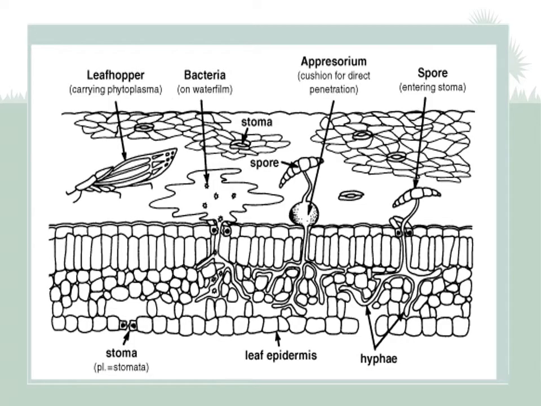From this diagram, we see on the far right-hand side a spore of a fungus. Next to that, an appressorium, which is a cushion for the fungal spore, for direct penetration. To the left of that, we see bacteria on a water film, which was carried over by a leafhopper. And we see the bacteria and the spores slowly infiltrating through the cell walls of the leaf tissue.